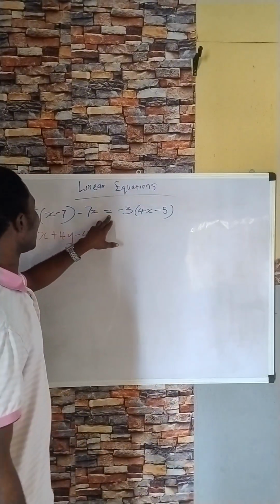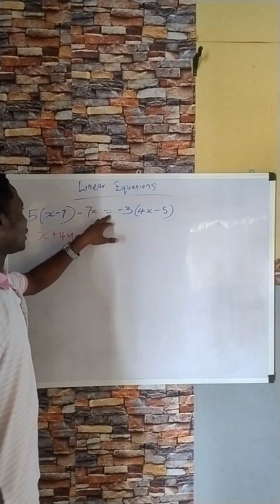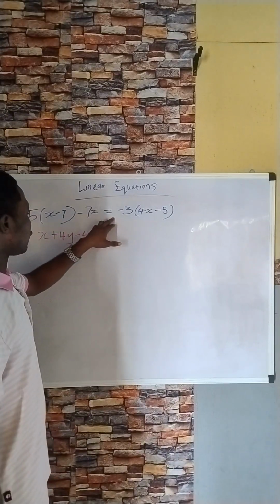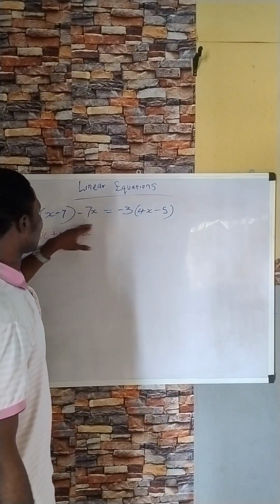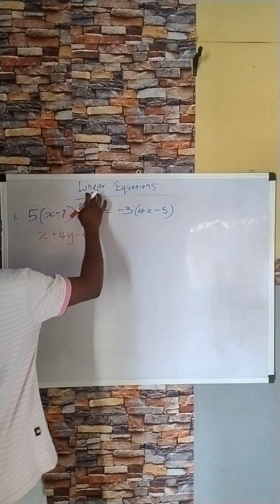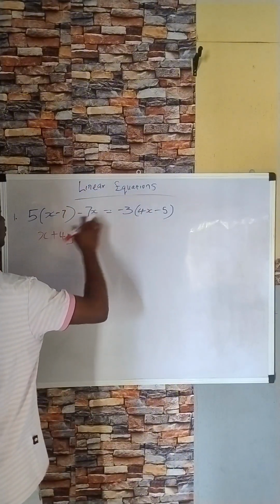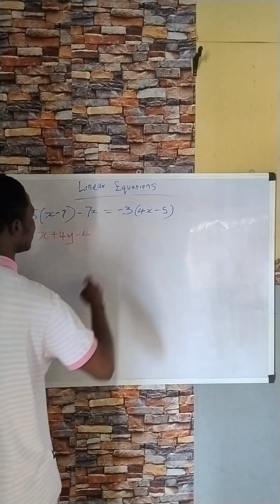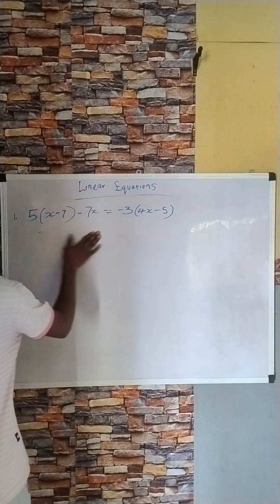So whenever you get an equal to sign in this form, this has automatically become an equation. So we are dealing with linear equations, an equation that has the greatest power of the unknown as 1.